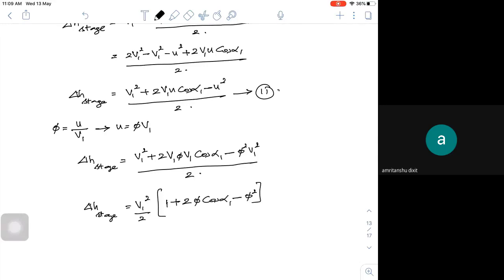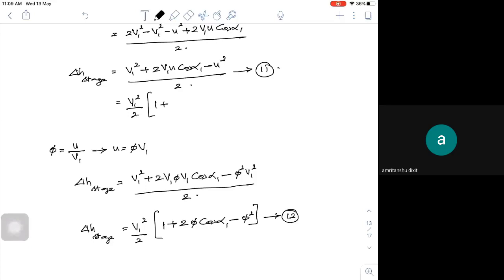So this will be your expression for enthalpy stage in terms of phi, or in terms of velocity, it is equation number 11. If I want to substitute this in terms of U, I can do it, or the same 11 I can still modify. I can take V1 square by 2 outside, or I can write 1 plus 2 into U by V1 into cos alpha 1 minus U by V1 whole square.